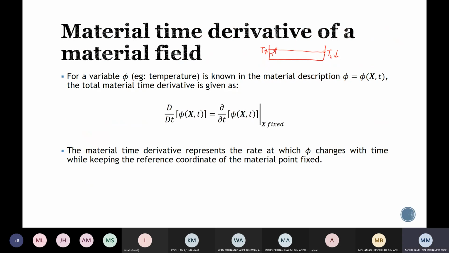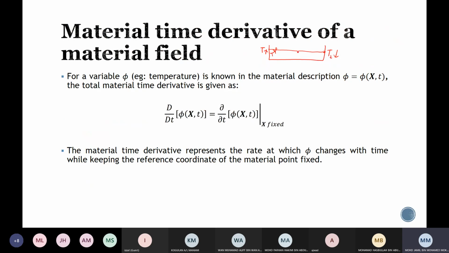from high temperature to low temperature, then you can feel the change in temperature, okay, in the water temperature. So you feel the change of water temperature as you move, okay.